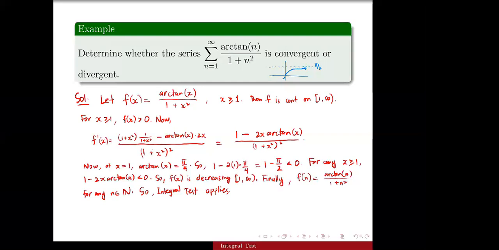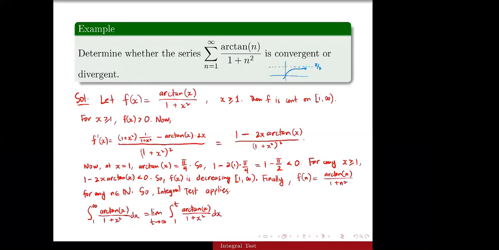We have the integral from 1 up to plus infinity of arctan of x over 1 plus x squared dx. Again, this is just the limit as t approaches plus infinity of the integral from 1 up to t of arctan of x divided by 1 plus x squared dx.